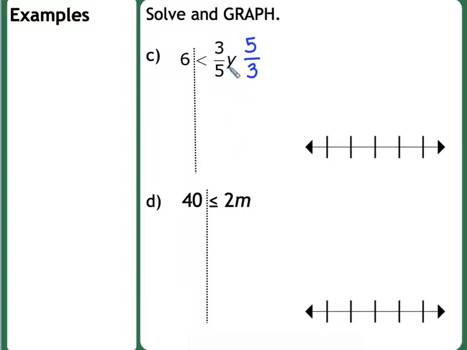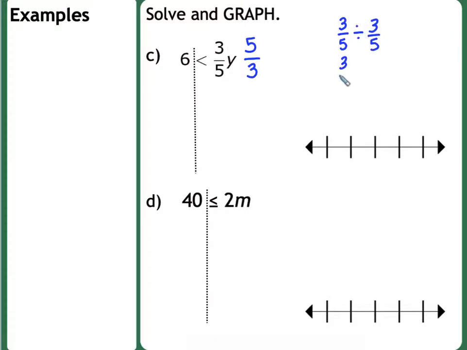Now, you might also notice that we could say that y is actually being multiplied by 3/5. Right? So y is multiplied by 3/5. Well, how do we undo multiplying by 3/5? Well, we divide by 3/5. Well, how do we do fraction division?